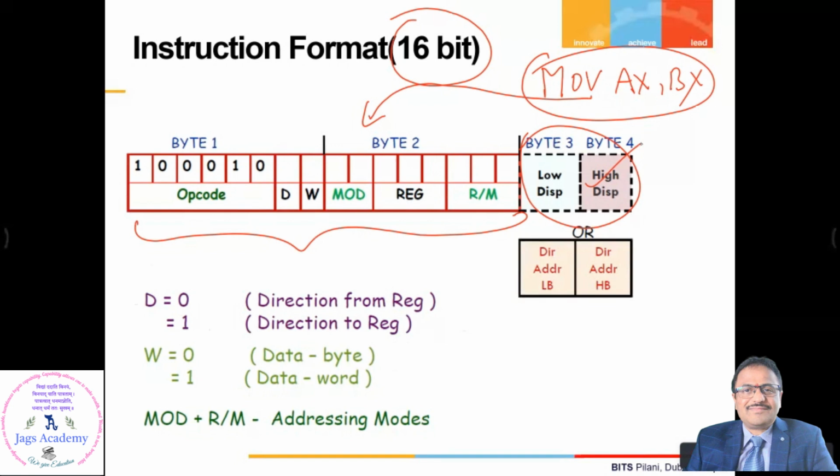I will tell you step by step. In the 16-bit instruction format, the first 6 bits are for the opcode. Can you tell me in this instruction which is the opcode?